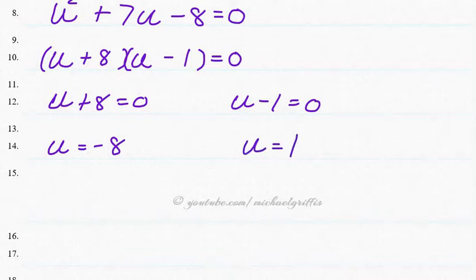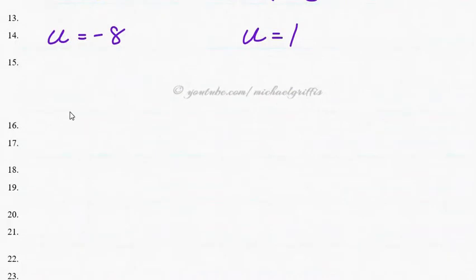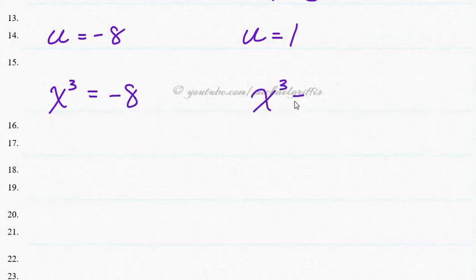Now remember what u was equal to up here: x cubed. So now let's go back. We have x cubed is equal to -8 and x cubed is equal to 1. I'm going to rewrite this.